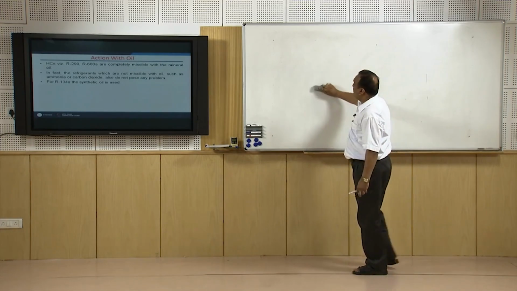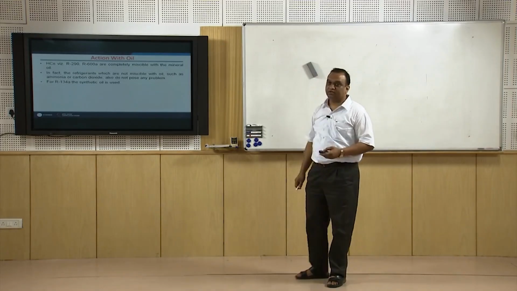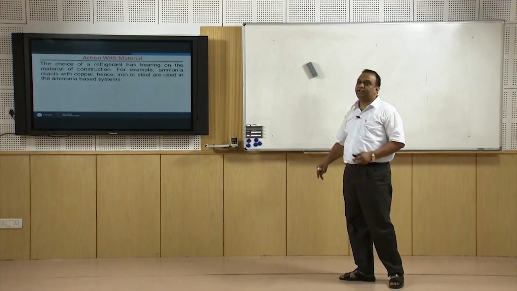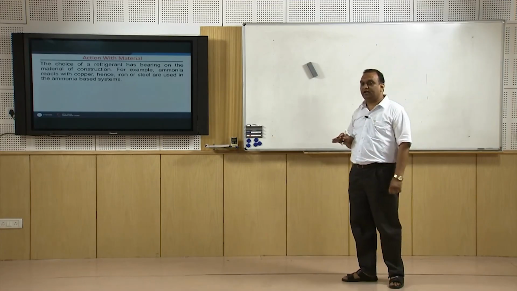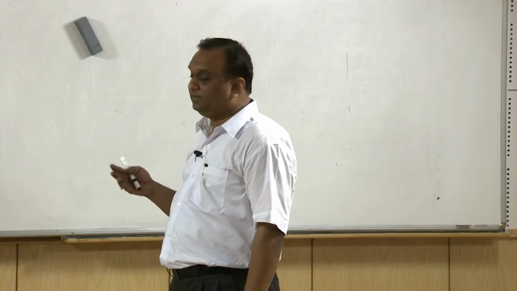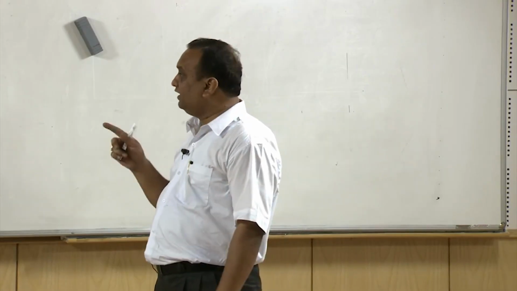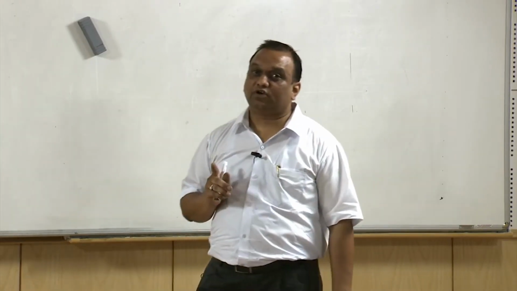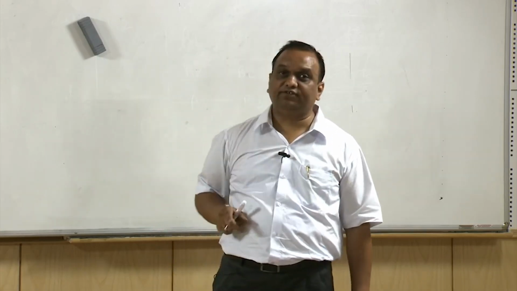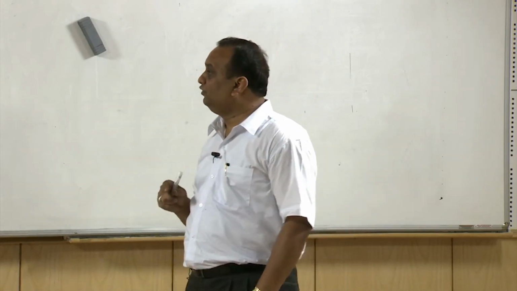So, synthetic oil is used in case of R134A. Action with material: the refrigerant should not react with the material of the plant. Some issues are related to ammonia because ammonia reacts with copper. So, copper material is not used in a refrigeration system where ammonia is used as a refrigerant.